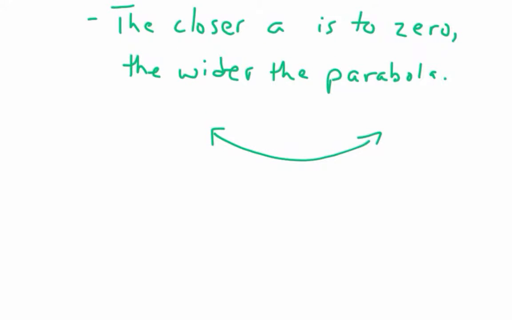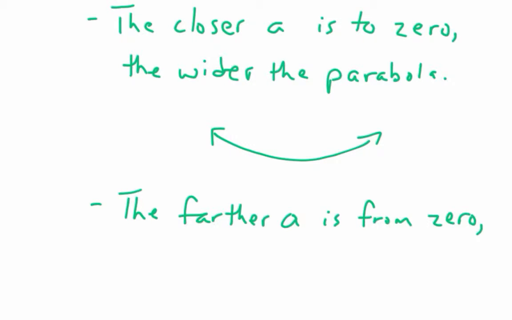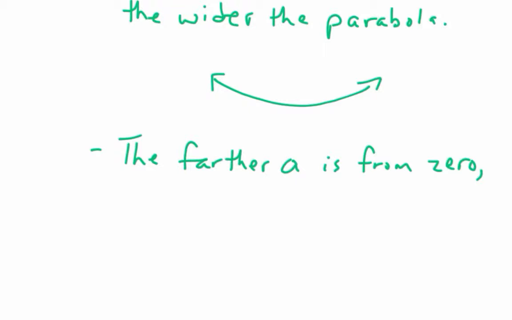You could say the converse, the opposite of that: the farther a is from 0. And this includes both positive numbers and negative numbers. The farther a is from 0, we said that makes the y value go up faster, so it's going to make for a narrower parabola.